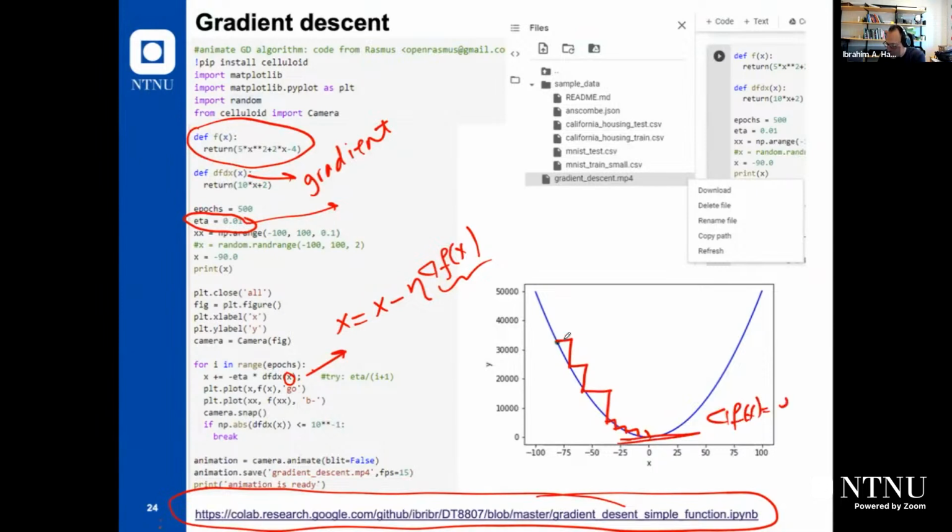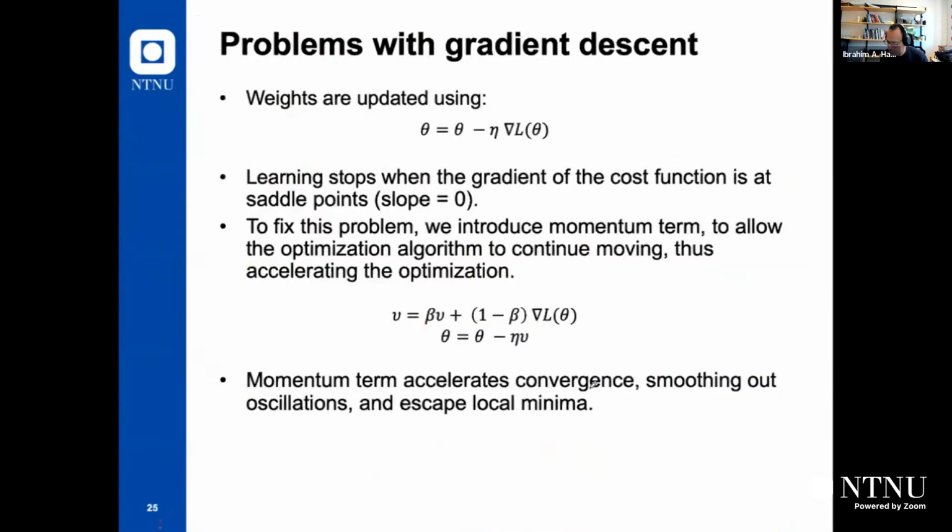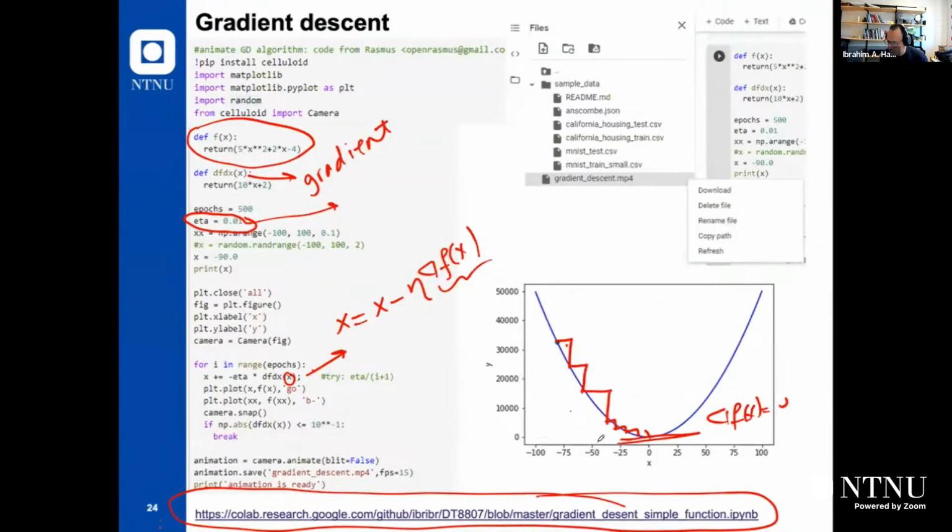If we run this one, as you can see here, this is a green point.